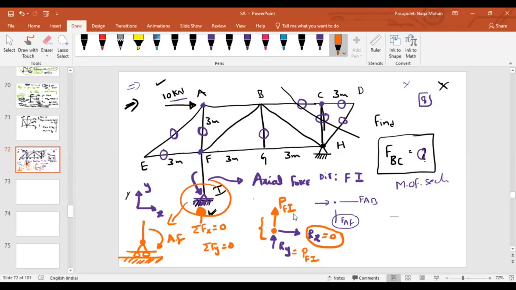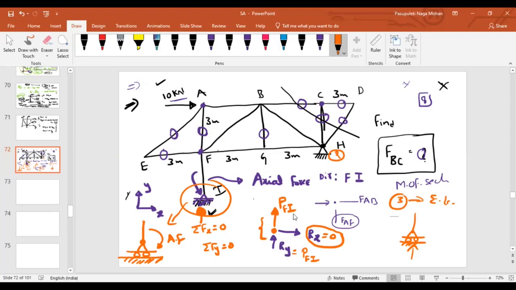If I give you like this, you might not have faced any problem. Why? Because as you can see in the supports, here only one reaction will develop. Here you can see two reactions will develop. Then you can say these three reactions you can find out by using the equilibrium equations.